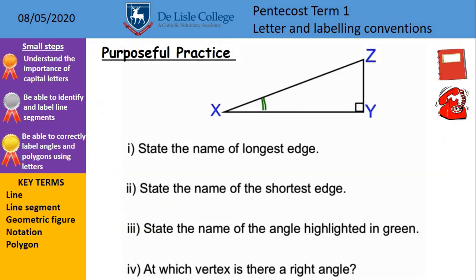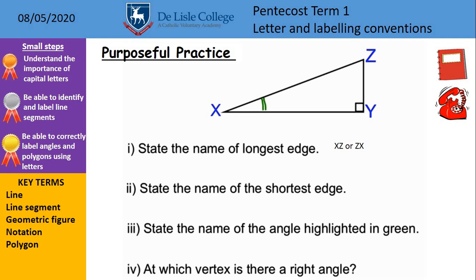Now, last bit of purposeful practice, that should appear in your workbook. I'm just going to put up the answers. So pause now, have a go through the whole of the worksheet, then come back and mark your answers. Name the longest edge. You perhaps go XZ, or you may have referred to it the other way around, ZX.